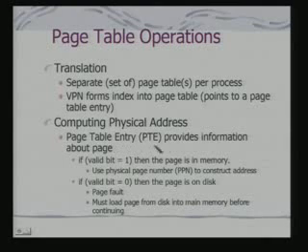So, the page table entry provides the following information. If the valid bit is 1, the page is in memory, so use the physical page number to construct the address. If the valid bit is 0, then the page is on disk. Hence, you raise an exception, and in response to the exception, the page would be loaded. And how the page is loaded, how this exception is serviced, we have already discussed.